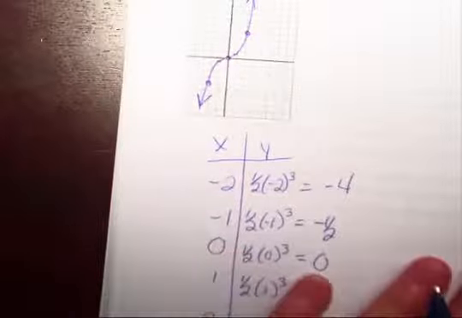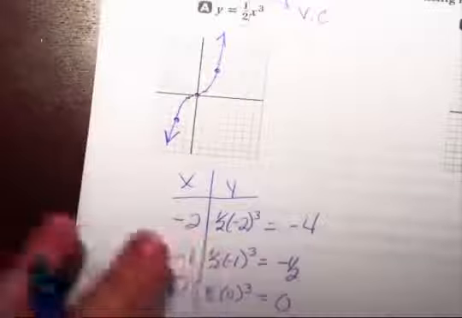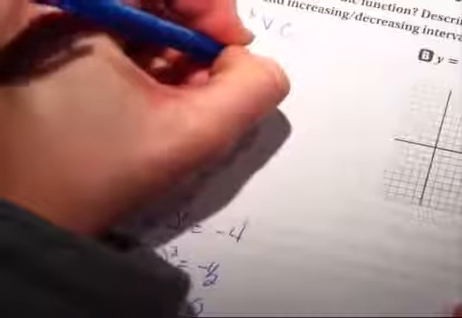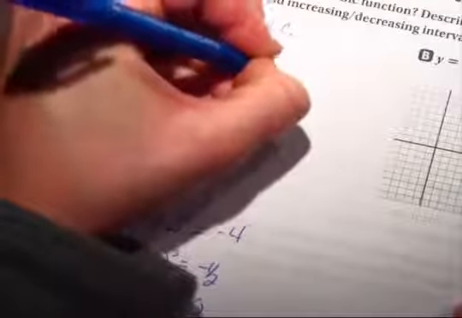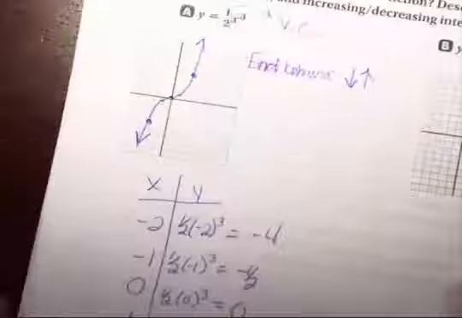Now it asks us to talk about the graph. It asks us to talk about the end behavior. So let's do that, the end behavior. You should notice on this graph, the end behavior is down up. Okay, the turning points.